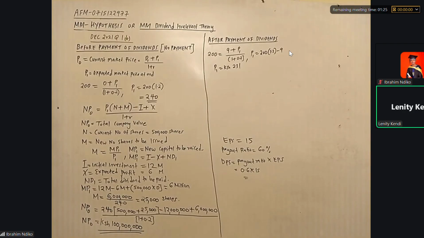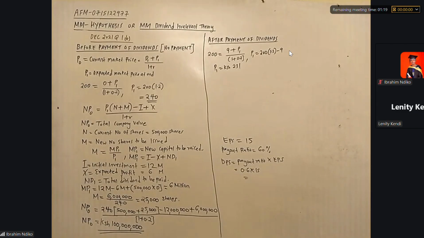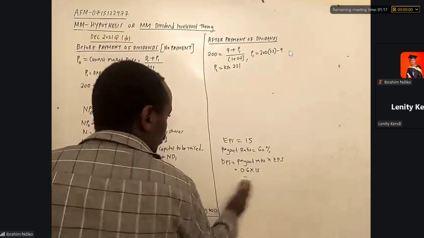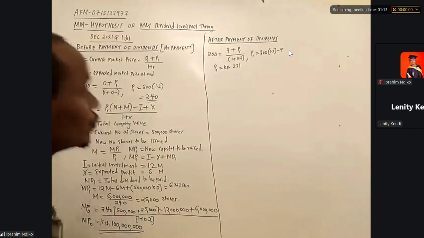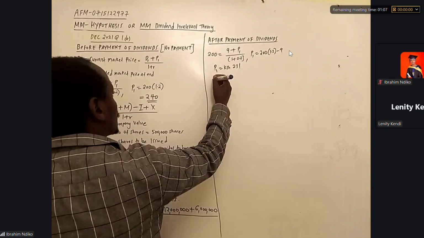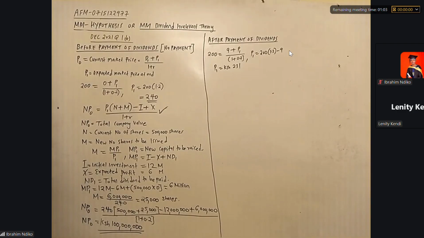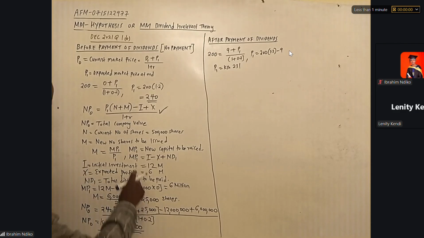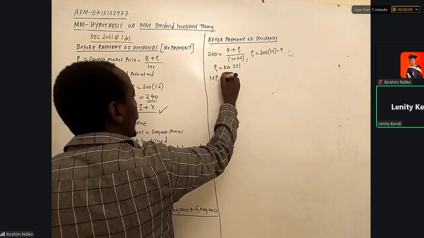Okay. So allow me to wrap this part. I say we get dividends, but we have already got them. So we need to find NPO, right? For you to have NPO, the first thing we need is the new shares, M, which is equal to MP1. So here we need this MP1 first, right? Yes.